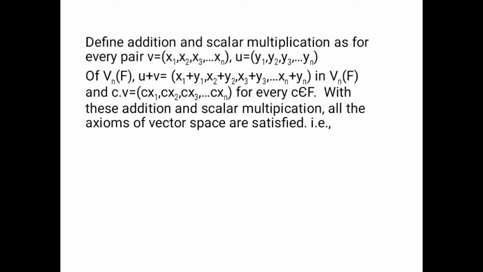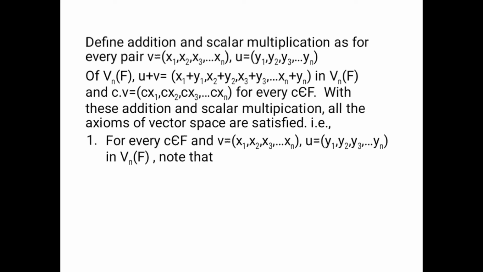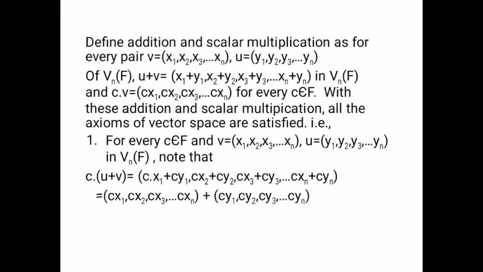So we can see that these operations are well defined, and let us see whether V and F with these binary operations forms a vector space or not. So we try to verify the results. Of course, here you note that c dot (u plus v) is equal to c dot u plus c dot v.